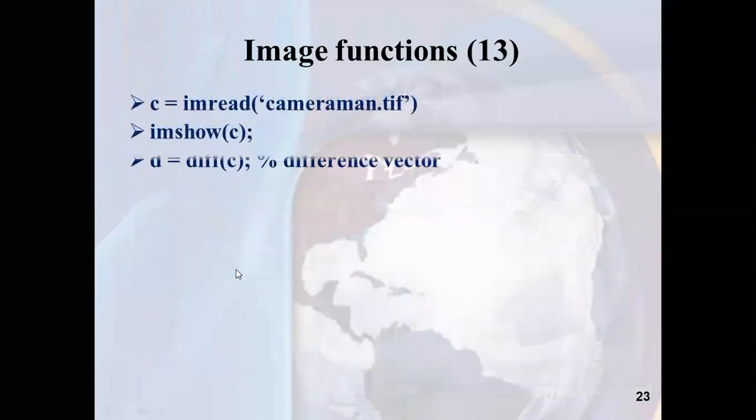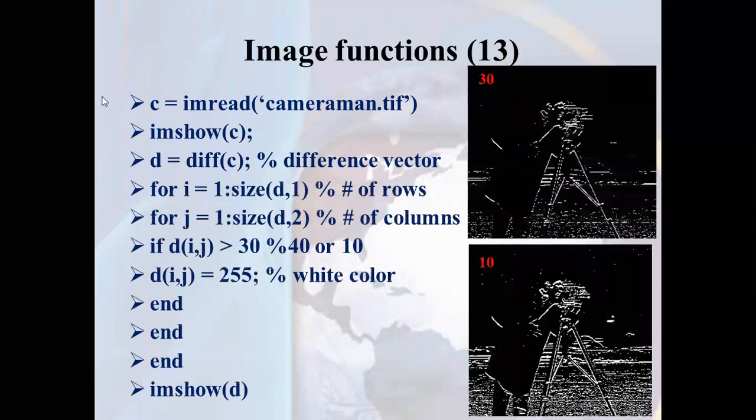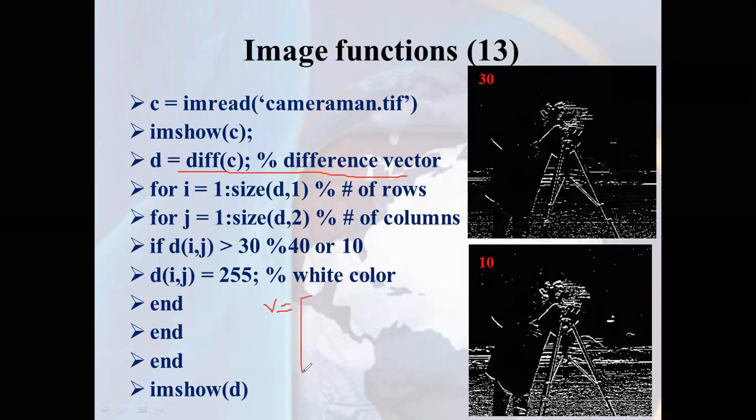Okay, this cameraman.tif. If we make the difference vector, this is diff, which means the difference. It means that we have columns, and we differentiate each element from the others. This is the difference vector. If we have, for example, V equal to 3, 5, 7, 17, 28, what is diff of V?